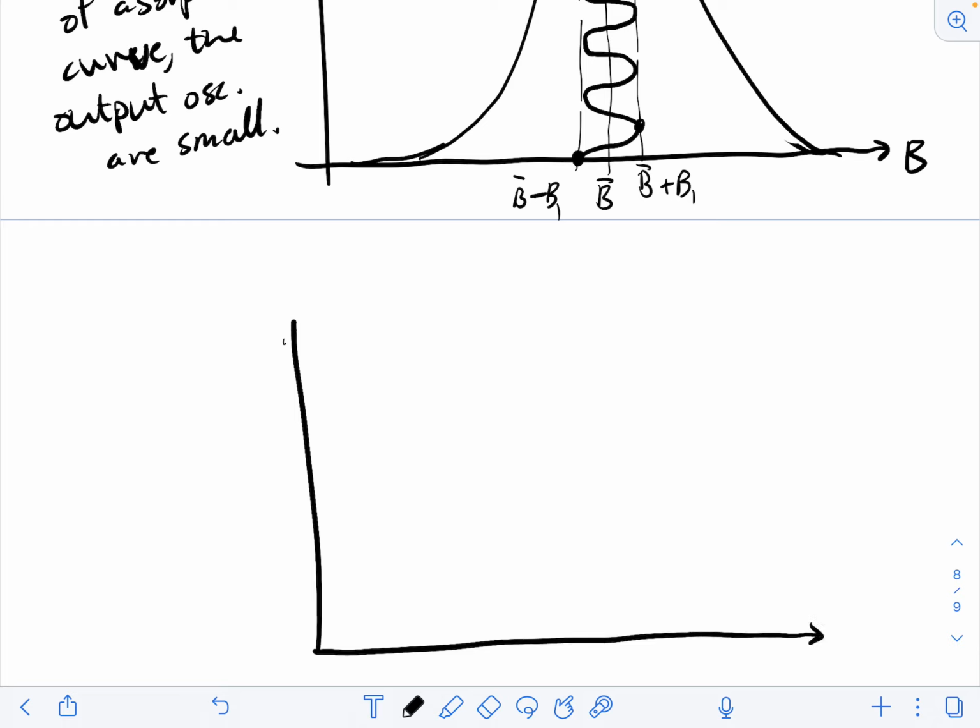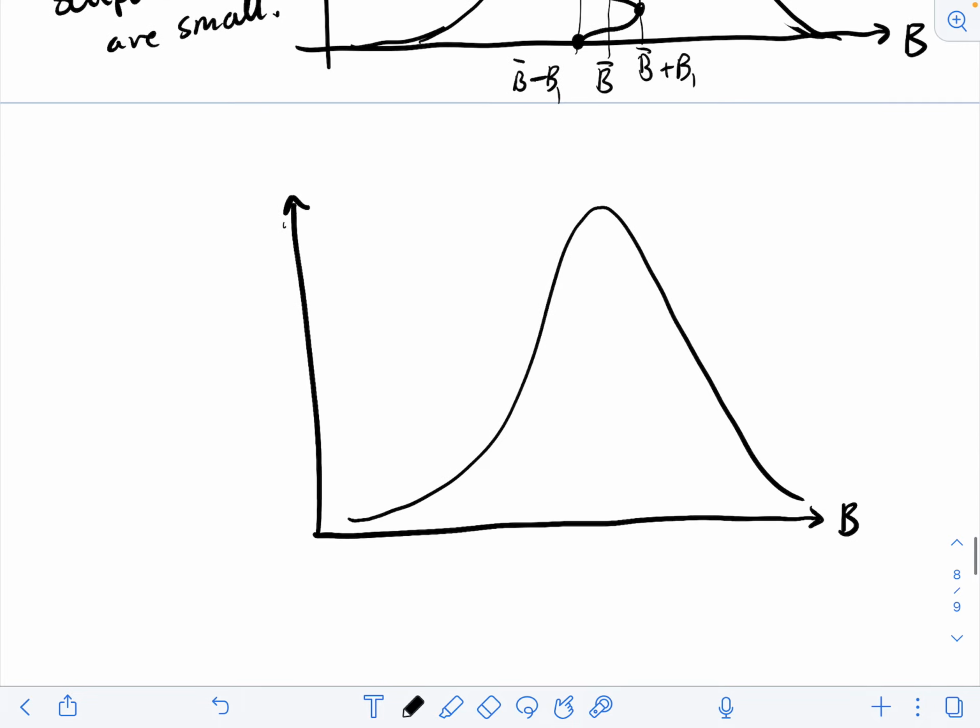So here's our absorption peak. I'm going to pick a value of B average where the absorption is steep, has a steep slope, but I'll go to the right of the peak this time. And so here is B average minus B1, and here's B average plus B1. And here are our oscillations. When the magnetic field is a minimum, our absorption is large.